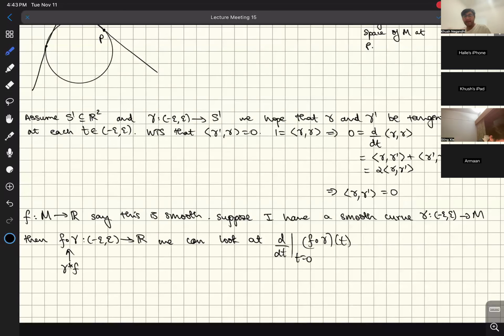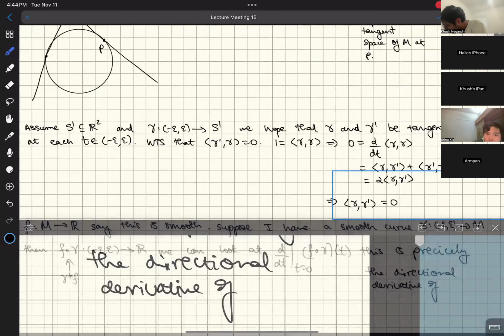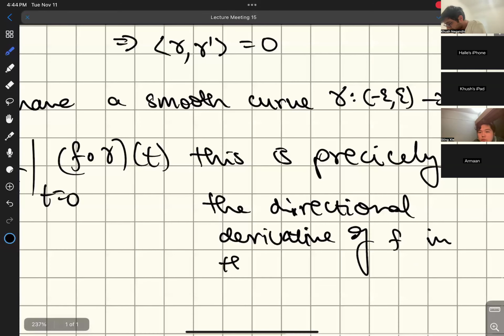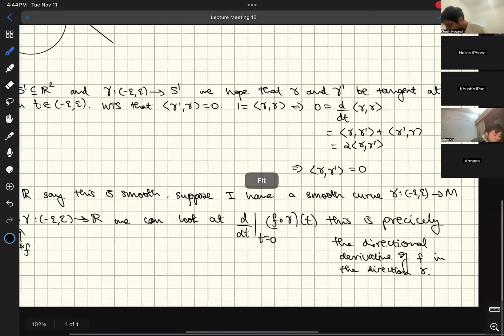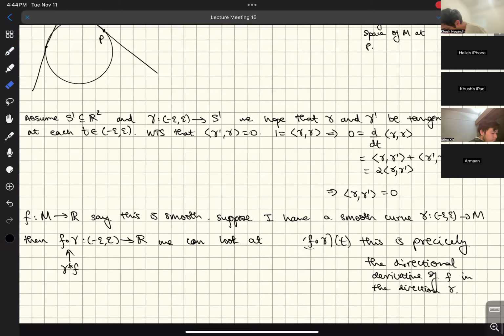And if we think back to multivariable calculus, this is precisely the directional derivative of f in the direction gamma, if I remove that time evaluation.